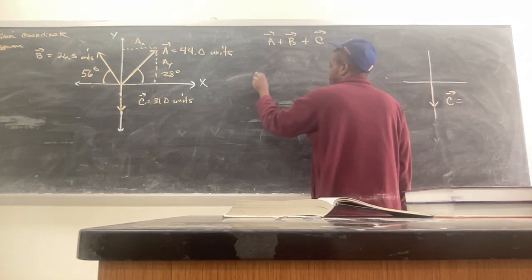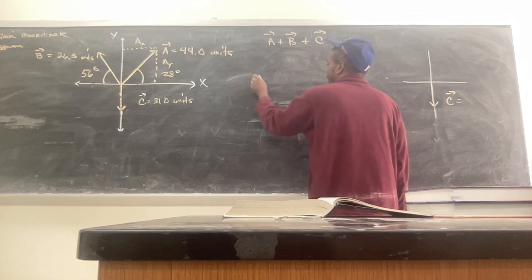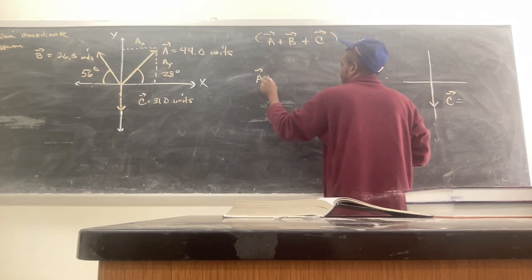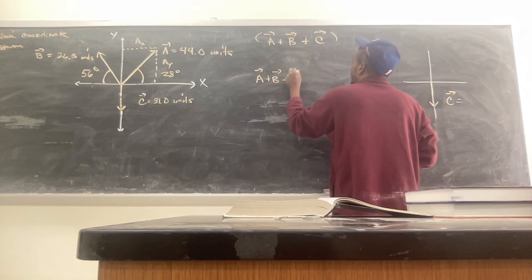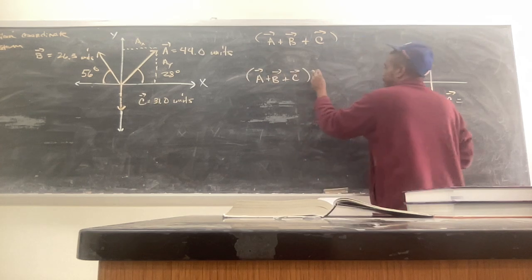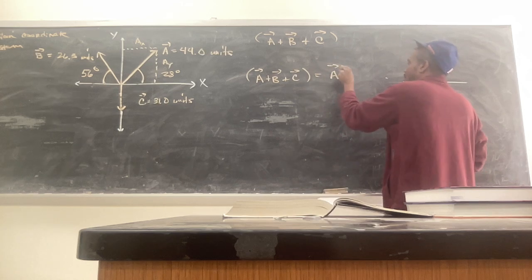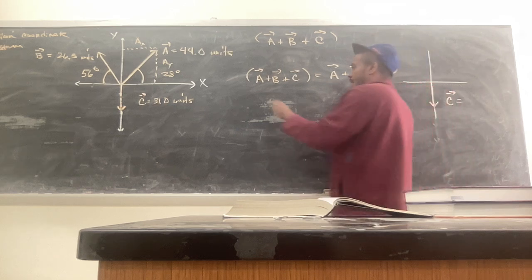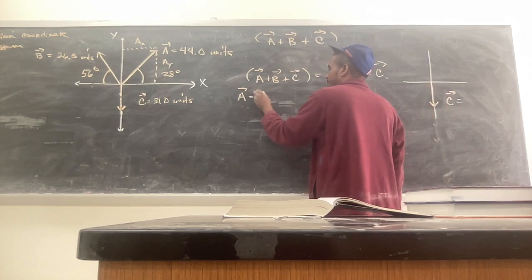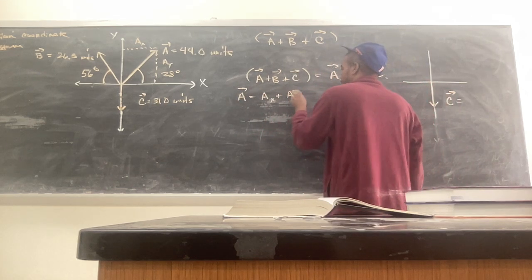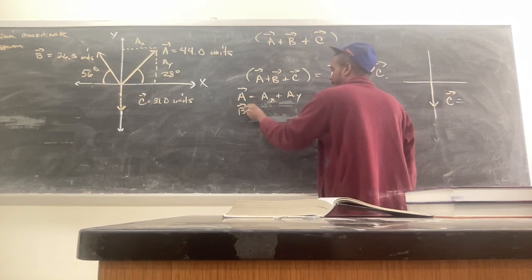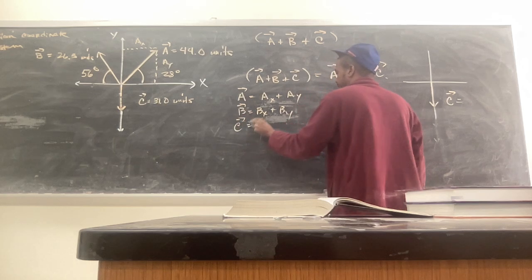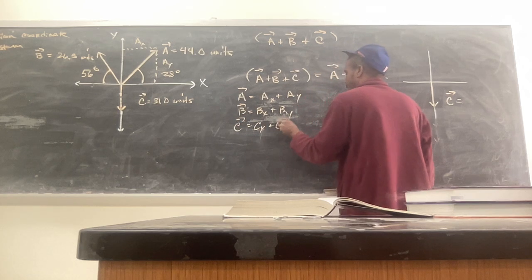This is an entire vector, composed of A plus B plus C. A has Ax plus Ay. B has Bx plus By. C has Cx plus Cy.